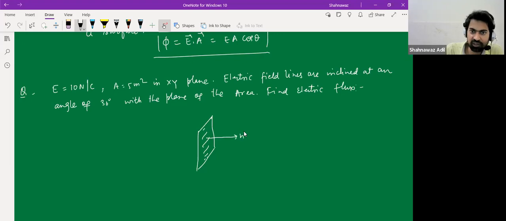This is the area vector, and the electric field lines are in this way, making a 60-degree angle. This electric field is 10 Newton per coulomb.